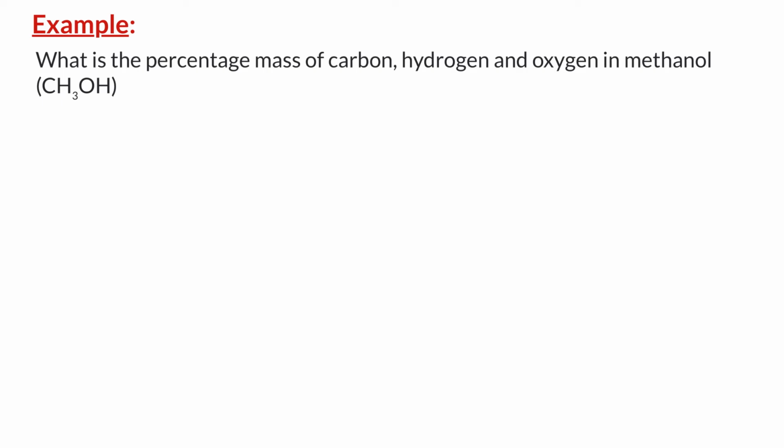The molecular formula of methanol is given as CH3OH. That means for each mole of methanol, we have 1 mole of carbon, 4 moles of hydrogen, and 1 mole of oxygen.